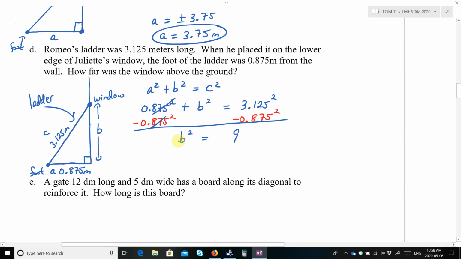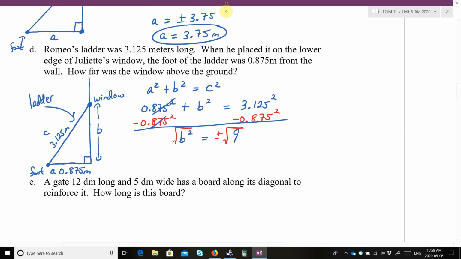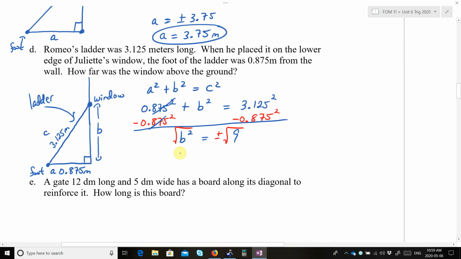When you go square root, we can say b can equal plus or minus the square root of 9. B is equal to plus or minus 3. And then from the context of the question, we would just say b is equal to 3 meters.